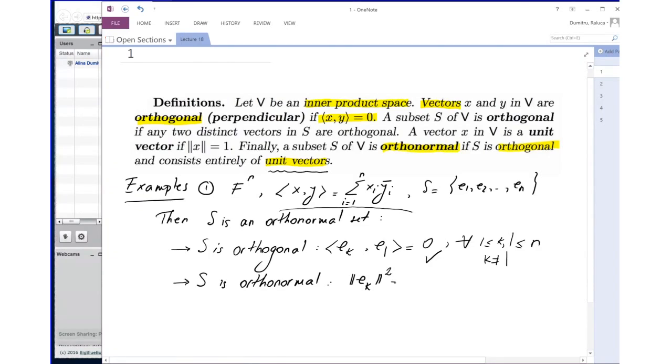Remember that the norm is defined in such a way that the norm of a vector squared is the inner product between the vector and itself, right? That is the definition of the norm based on an inner product. So what happens when I do e_k inner product with e_k? Right, it's the sum of 0 times 0 plus 0 times 0 up to position k when I get 1 times 1, and then everywhere else is 0 again, so I'm going to end up with 1, right? So every vector has norm 1.